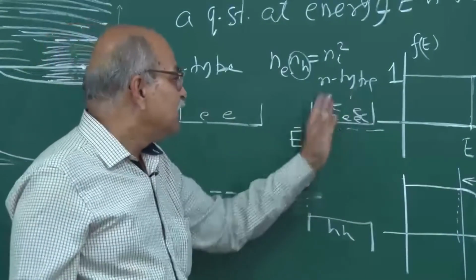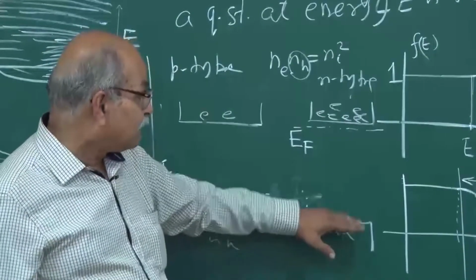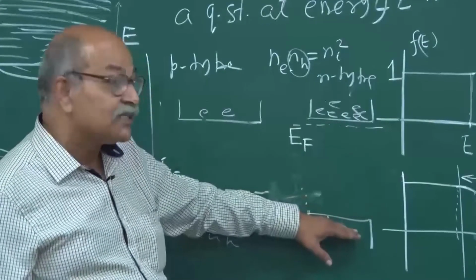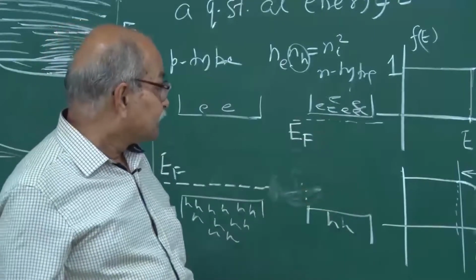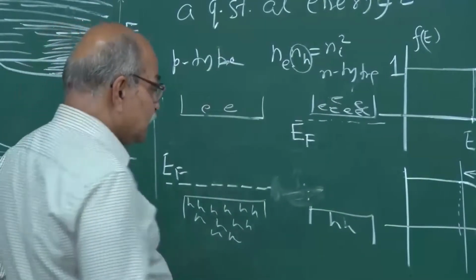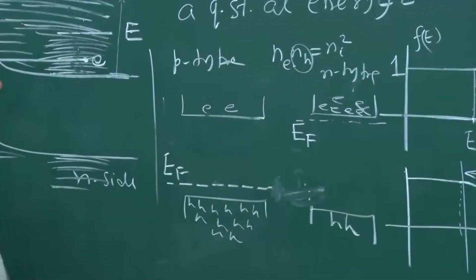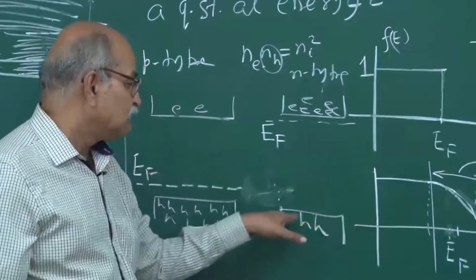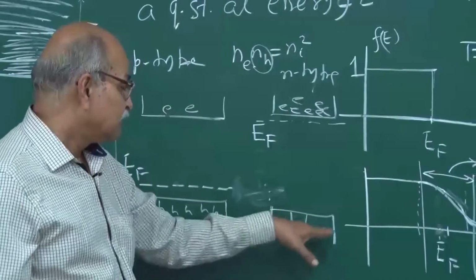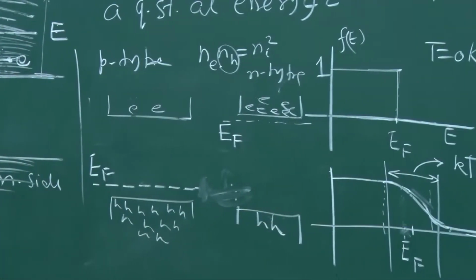So you have lot many electrons here, whereas these holes, these quantum states, they are far away from this, and therefore it's very small, and you have only small number of holes here. So this probability, 1 minus Fe, is very small, and therefore very small number of holes are there. So this is the picture.